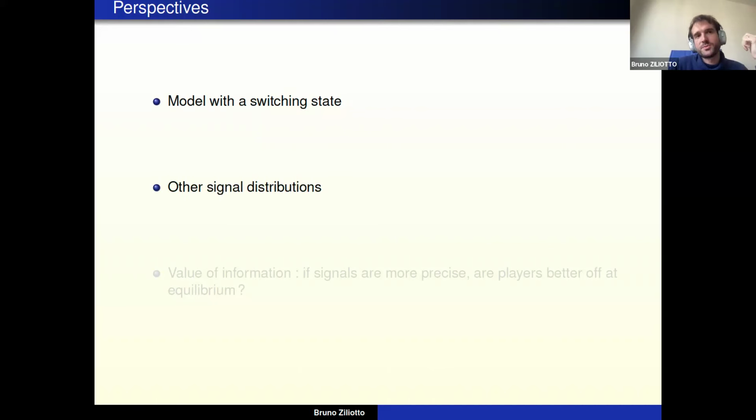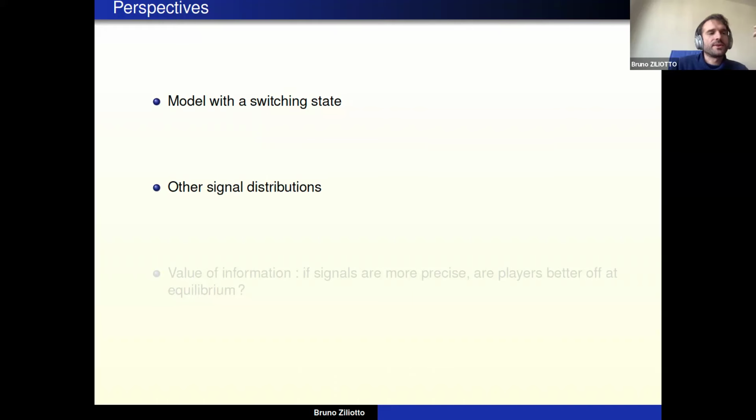Another interesting thing would be to consider other signal distributions and investigate the questions I just mentioned. What are the specificities of the signal distribution that will allow us to write a simple monotonicity condition, and also to write the system in a finite dimensional way?